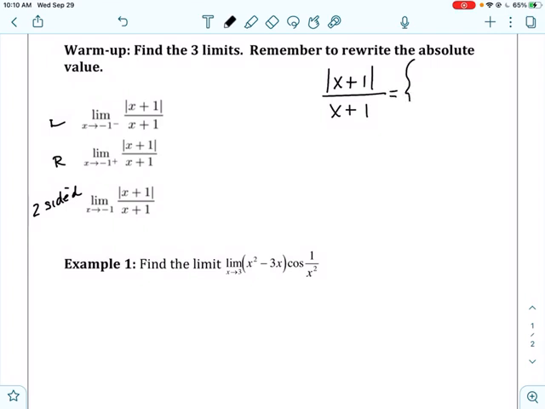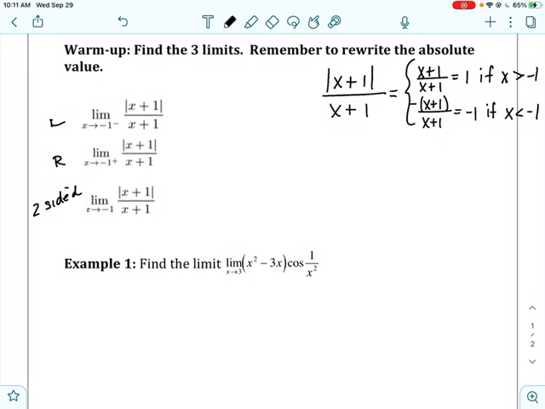It's equal to x plus 1 over x plus 1, which is equal to 1 if x is greater than -1, and it's equal to the opposite of x plus 1 over x plus 1, which is equal to -1 if x is less than -1.